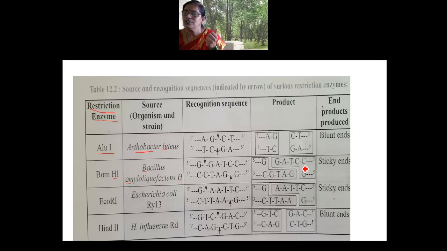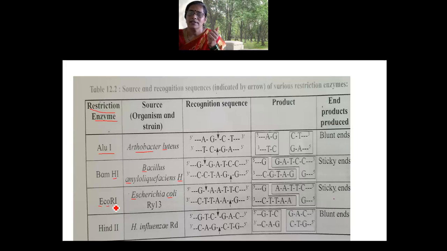Look here, one end is sticky. What is the sticky end? We will see. EcoRI, we have seen that the first letter of the genus is E, and CO are the first two letters of the species.